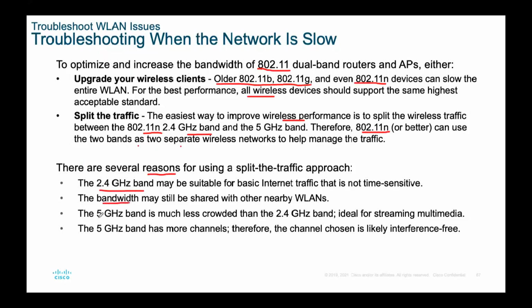And then the 5 gigahertz band is much less crowded than the 2.4 gigahertz band, ideal for streaming multimedia. And next, the 5 gigahertz band has more channels, therefore the chosen channel is likely interference free. That's the reason for using a split-the-traffic approach.